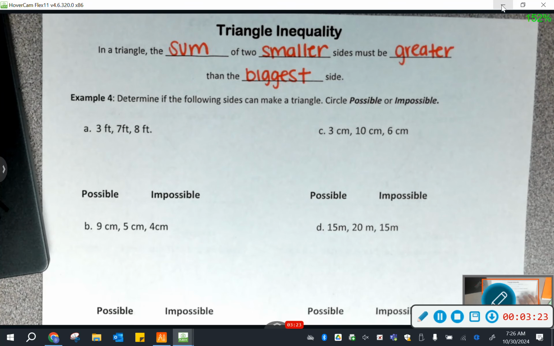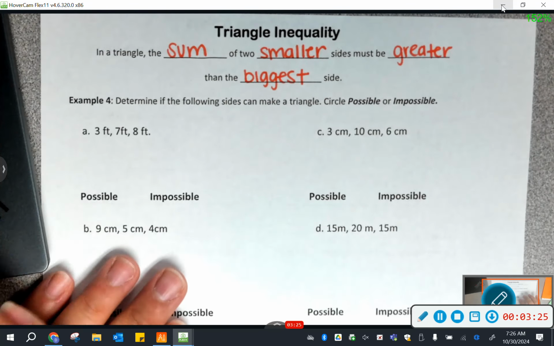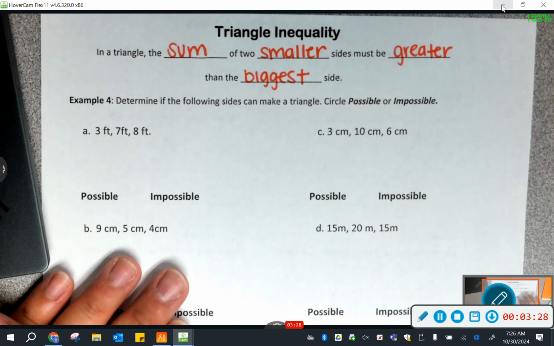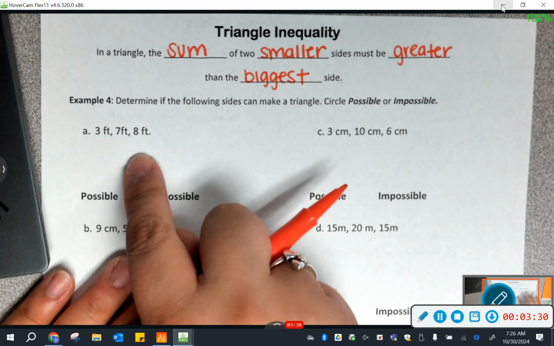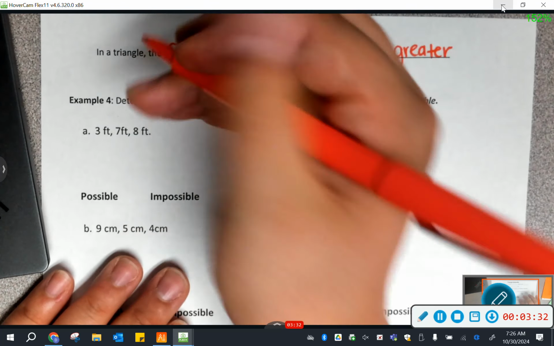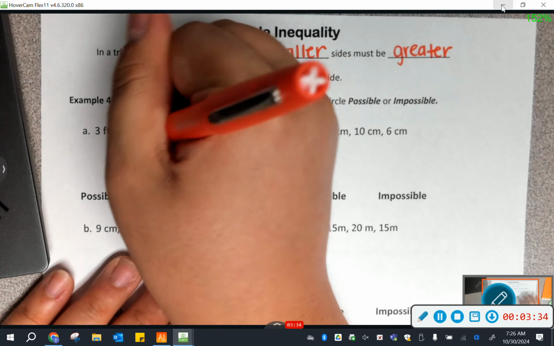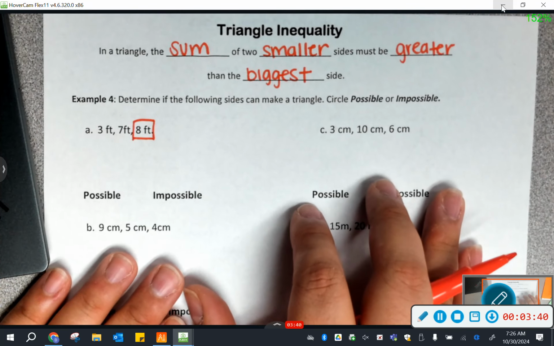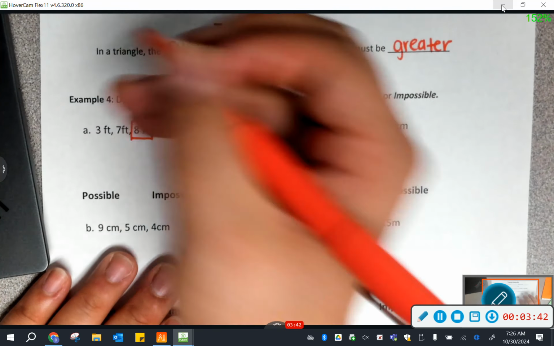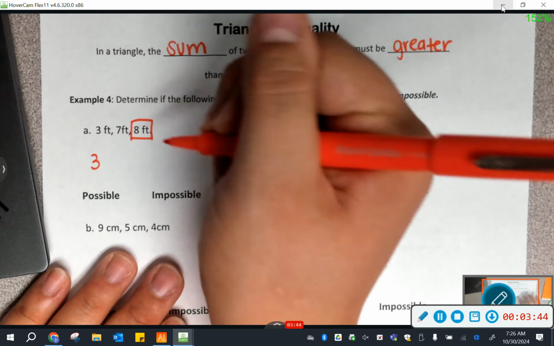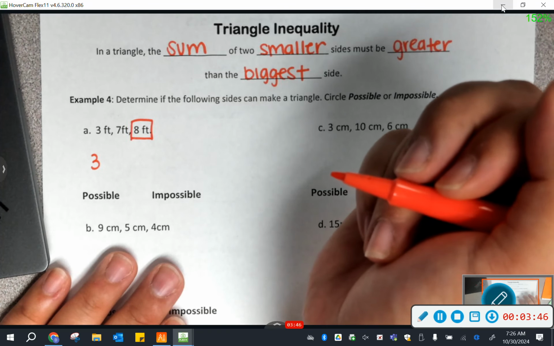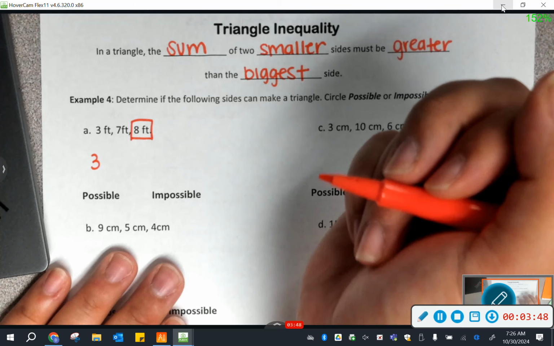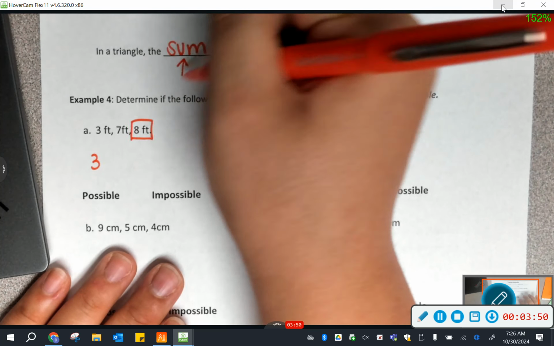The first thing you need to do is decide what is your biggest side. So on A, what's my biggest side here? 8. Box it. What are my two smaller sides then? 3 and 7. And what am I going to do to 3 and 7? What does it tell me to do right here? Sum means what?